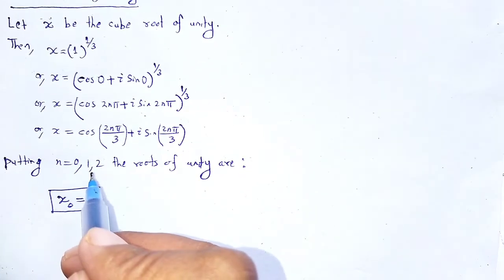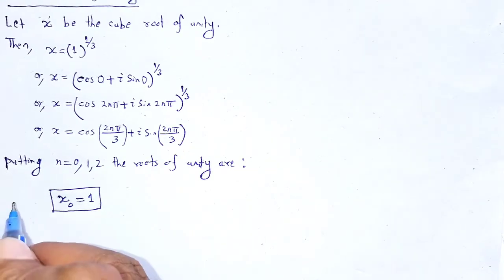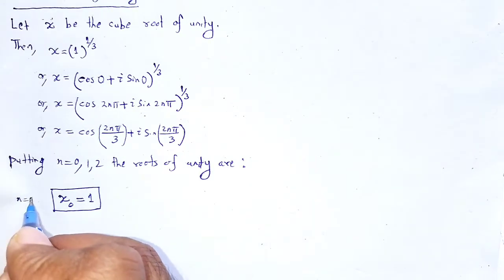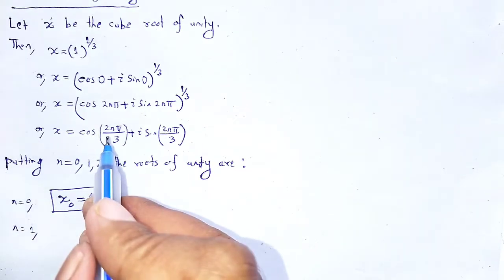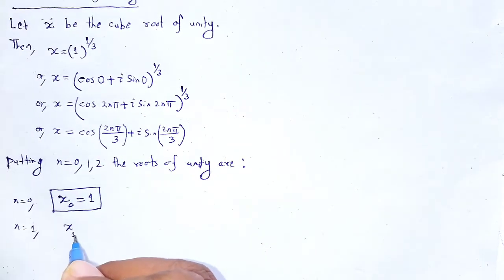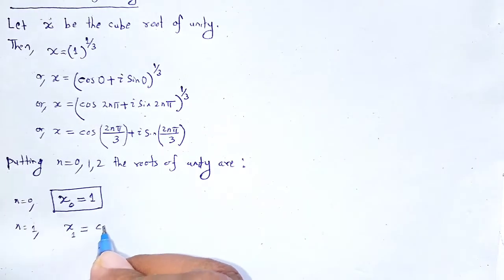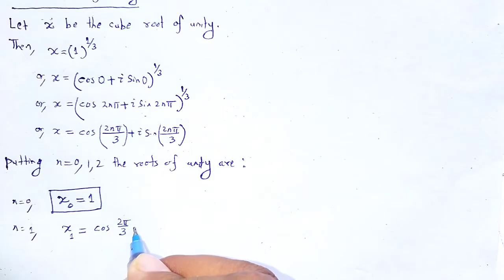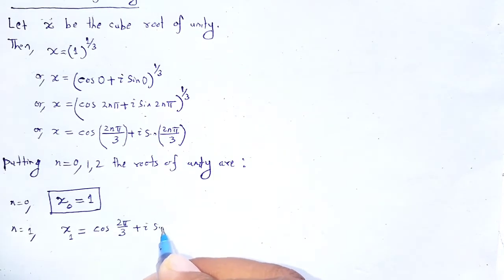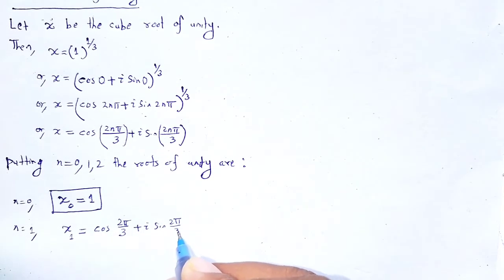Next, when n is equal to 1, we have x1 is equal to cos 2 pi by 3 plus I sin 2 pi by 3.